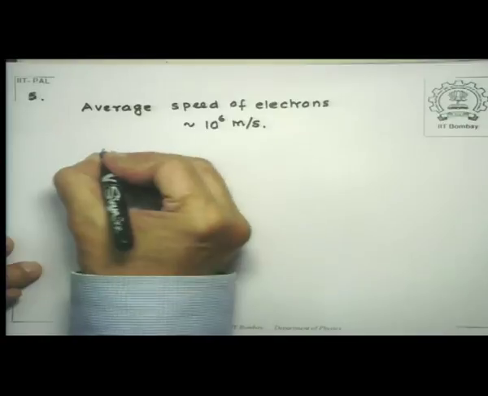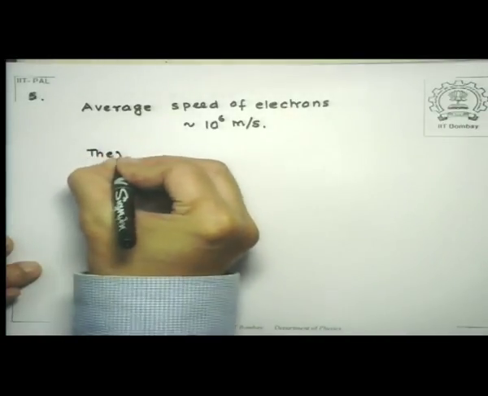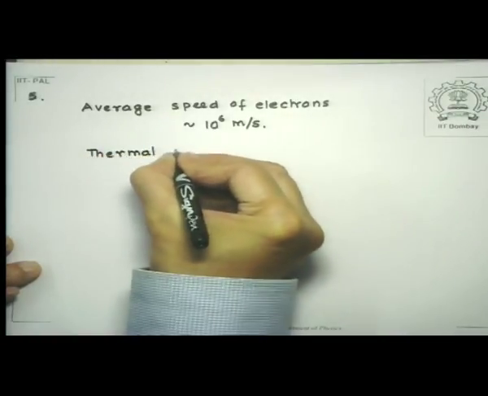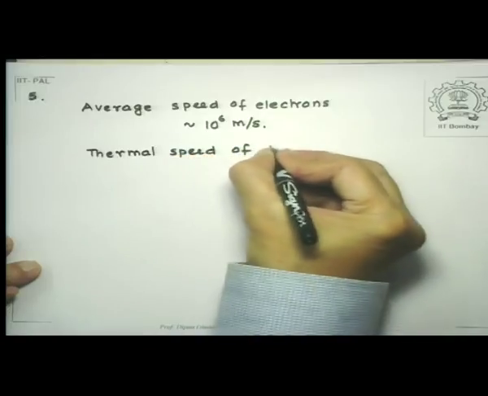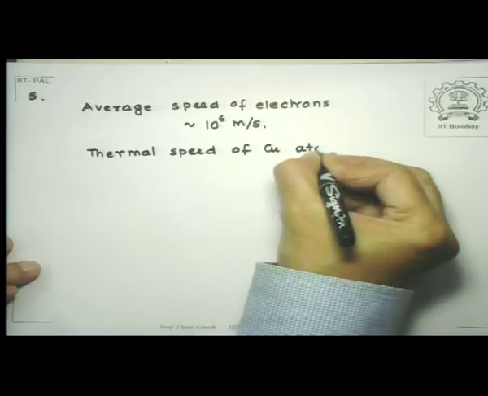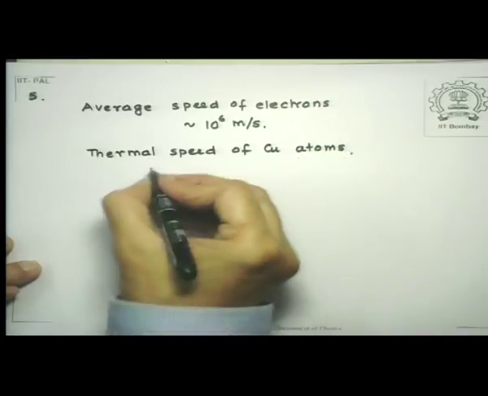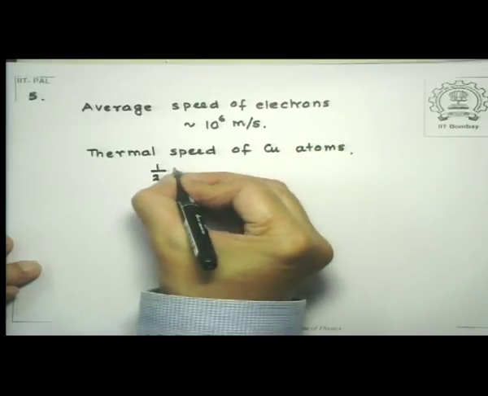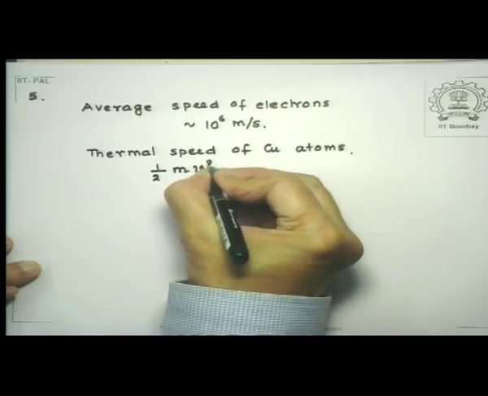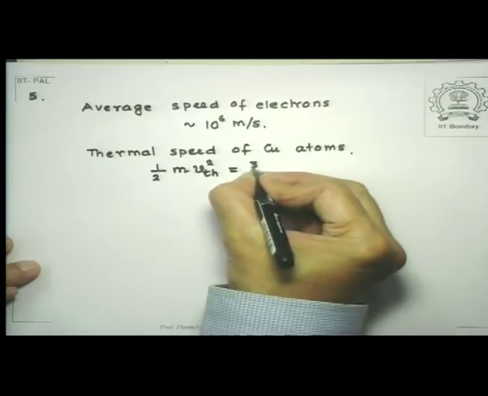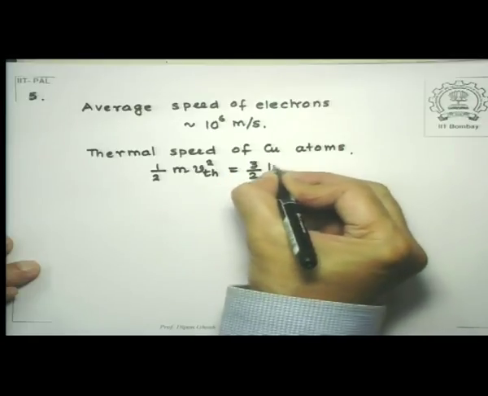There is another quantity which I would like to compare this with, which is the thermal speed of copper atoms. Now this time I am talking about atoms. From kinetic theory, you know that the average kinetic energy, let me call it V thermal square, is by the equipartition principle 3 by 2 kT.